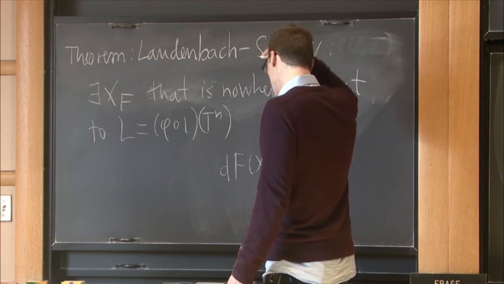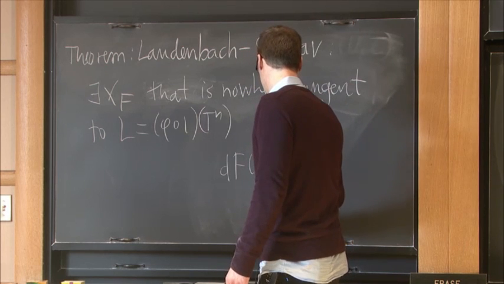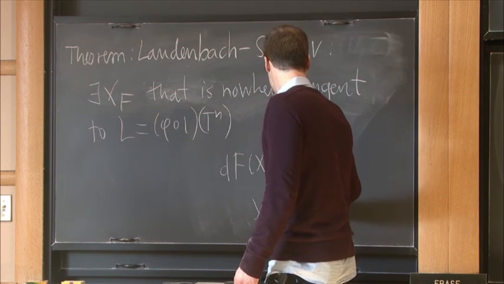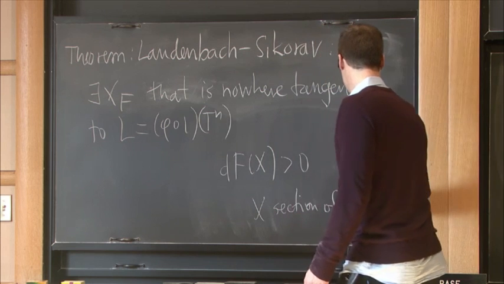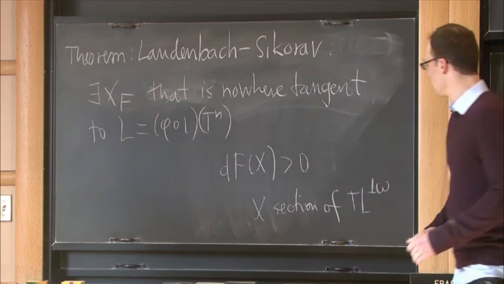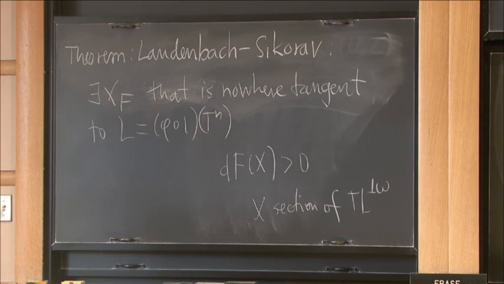You construct some section, you have some section of the symplectic dual of the tangent space, and then you construct some function, so that df of x is never 0.